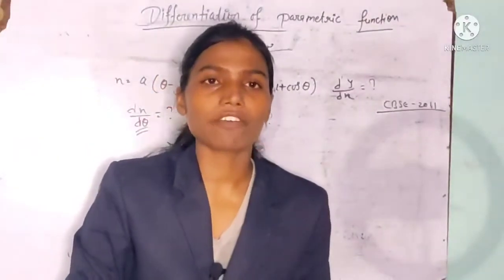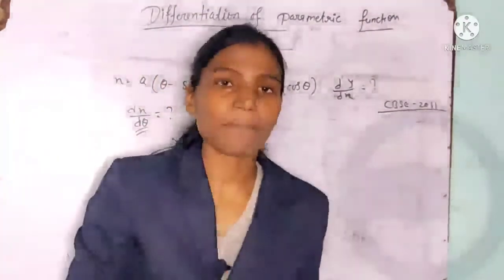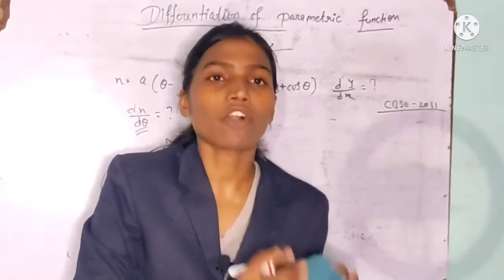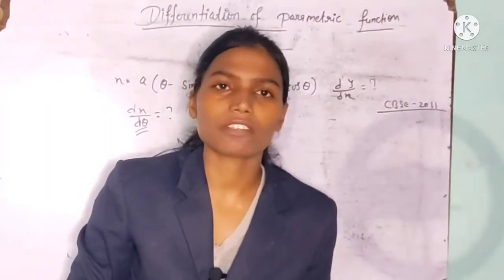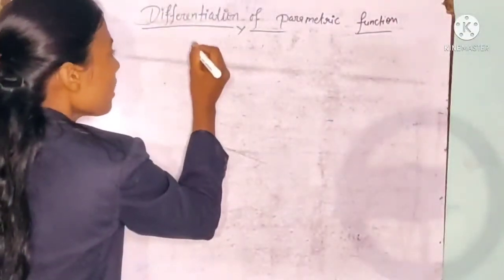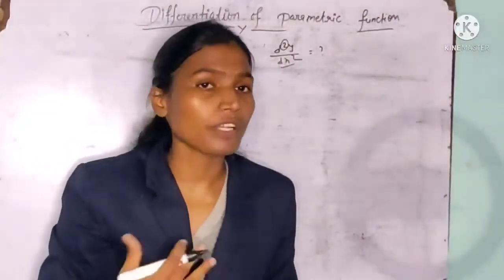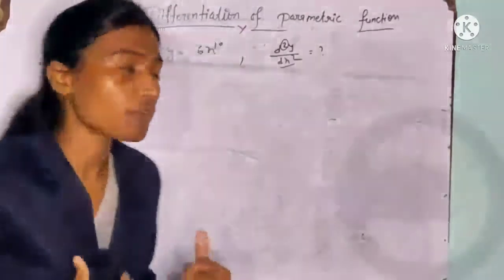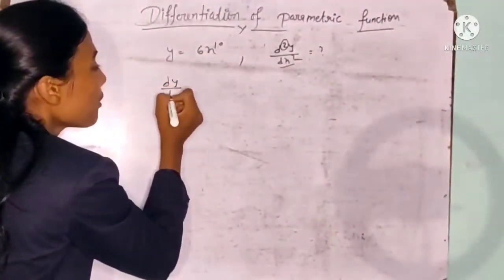So in parametric functions we can figure out what is the parameter: the common term in both functions, then we can easily derive the parametric functions. So let's see. Now with an example you can understand how we derive the second derivative of any function. See here, if y is given, first we need to find dy by dx.